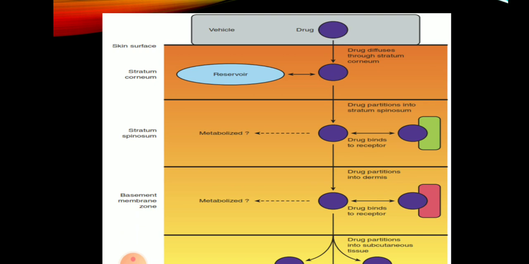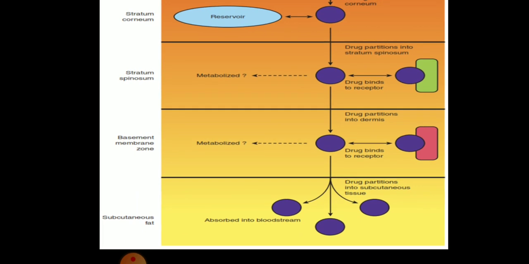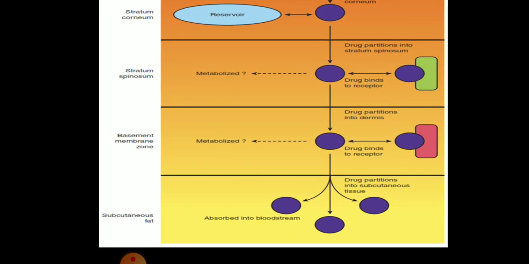But if it is crossing that layer and reaching the level of subcutaneous fat, the hypodermis, where the lymphatic vessels, the arterioles, the cutaneous blood vessels, the arteries and the venous layers are, as depicted in the previous slide, those are the sites from where the drug is actually going to be absorbed into the systemic circulation.